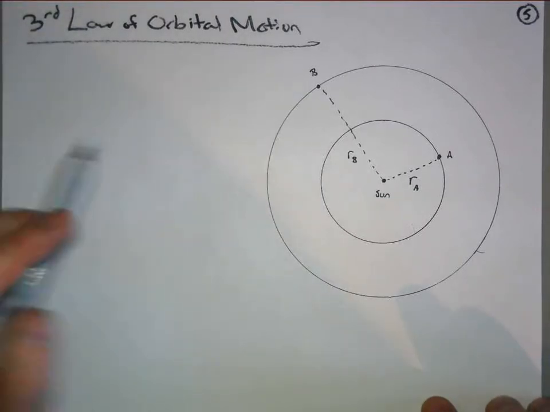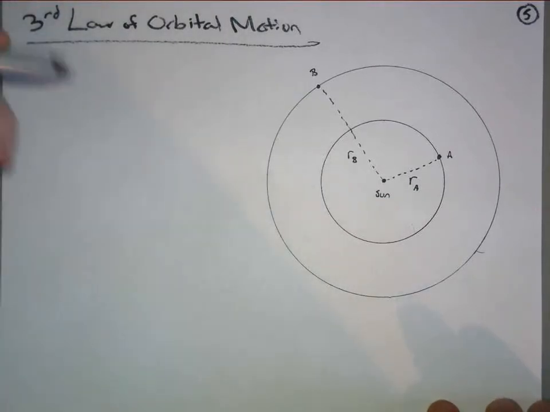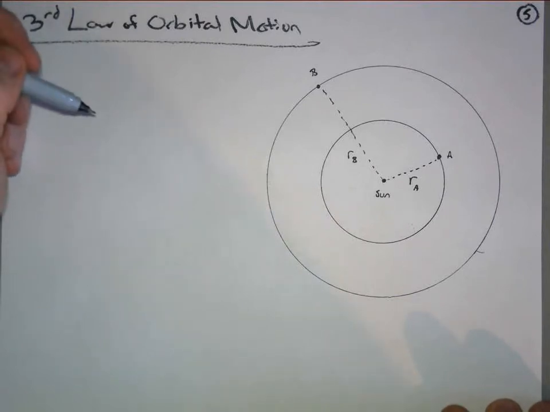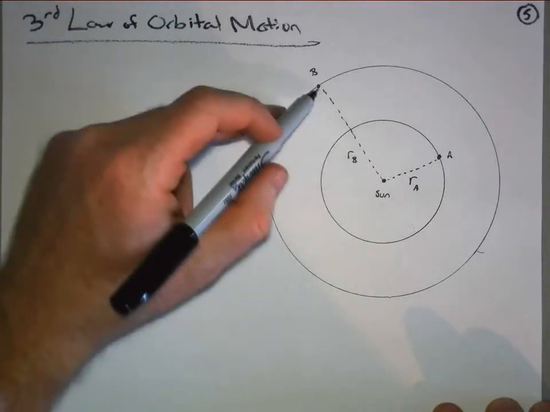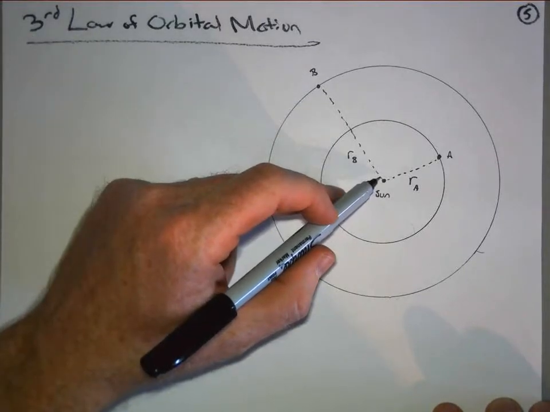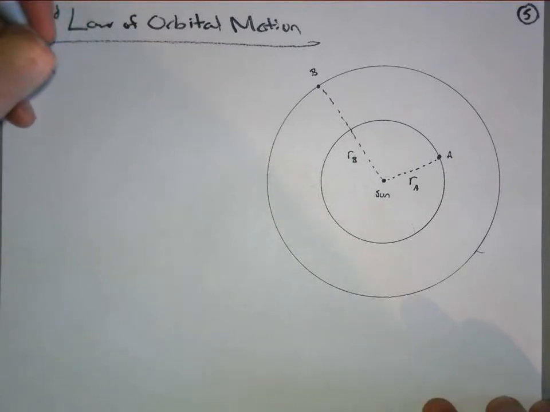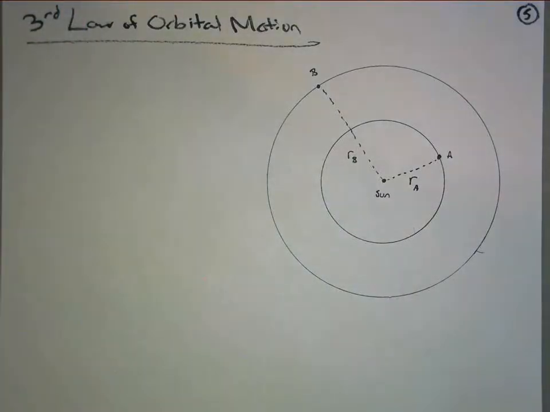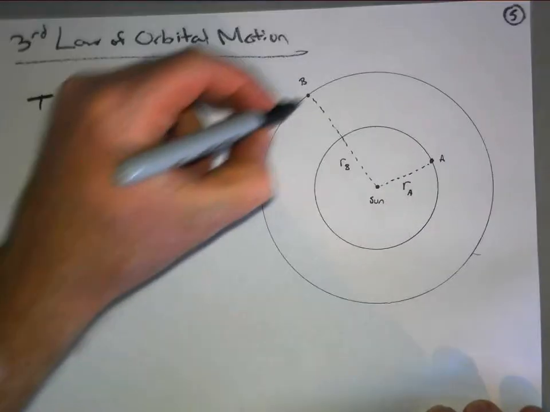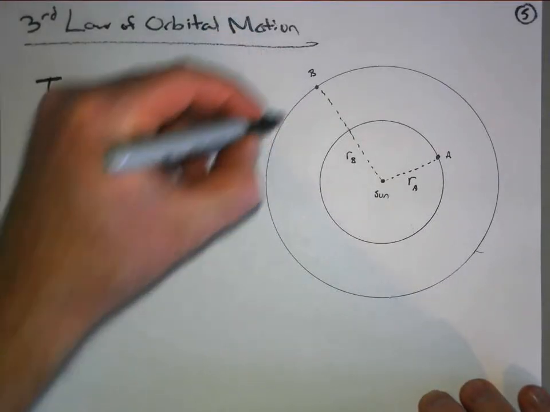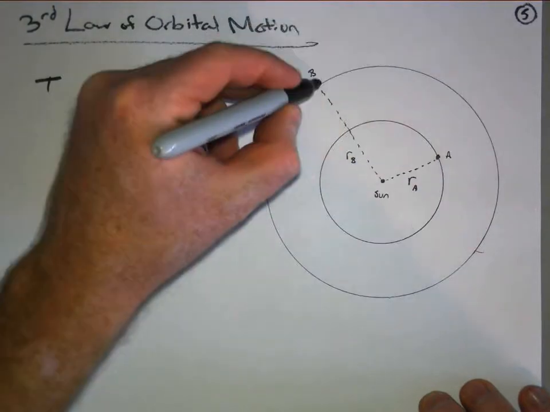Kepler, after lots of toil, lots of work, looking at the math, looking at the geometry, was able to figure out that there's a relationship between the radius and the orbital period. So orbital period, remember, is capital T, and it is just the time that it takes to complete one orbit. So for planet B, it's the time it takes to go once around in that orbit.